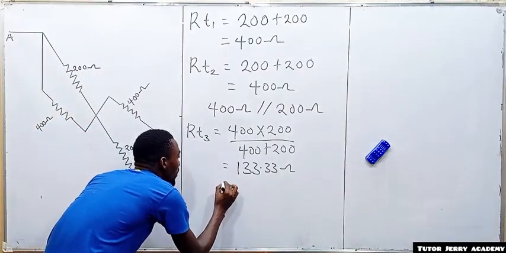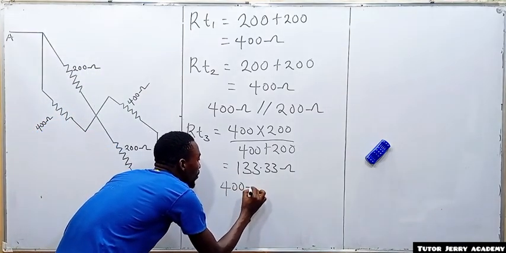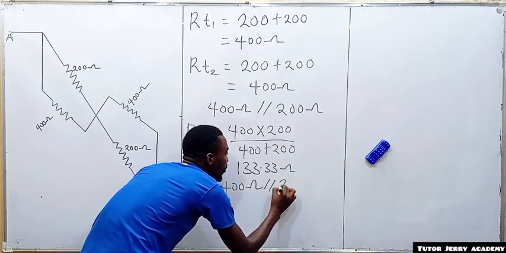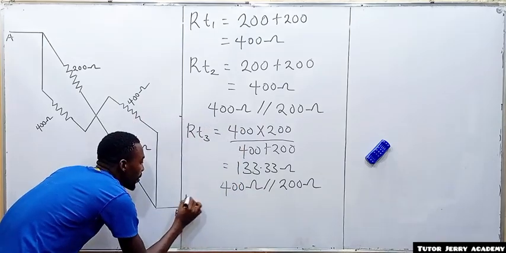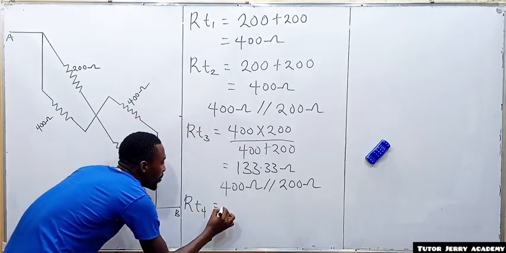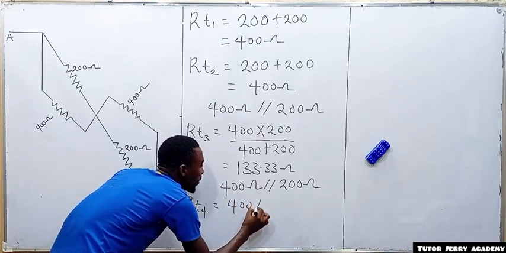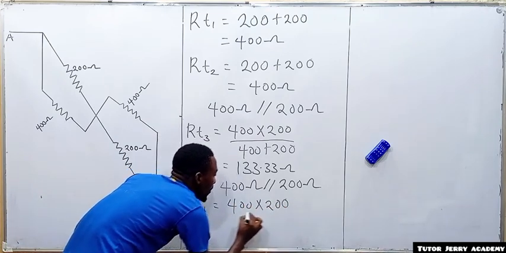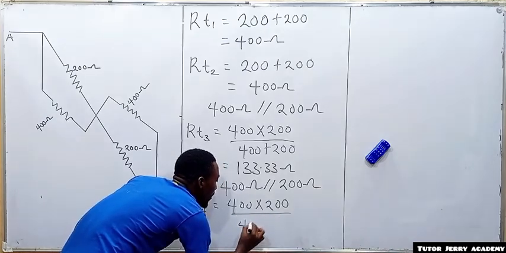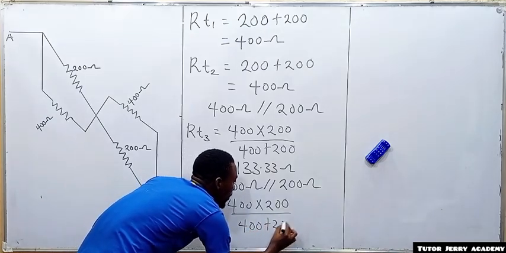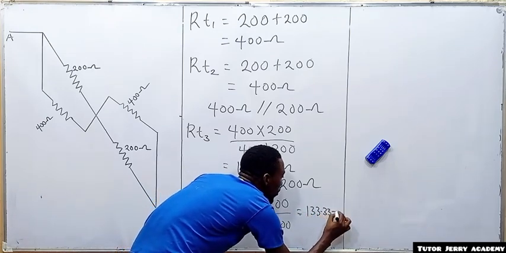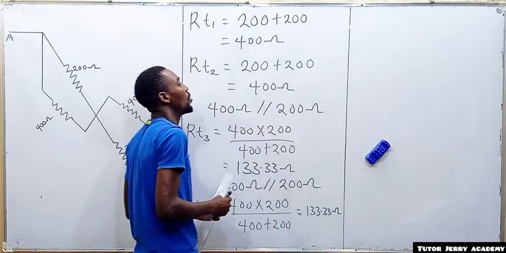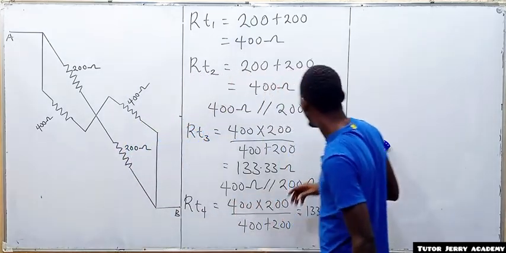So let's do it. 400 ohms is still parallel to 200 ohms. RT4 will be equal to 400 multiplied by 200 divided by 400 plus 200. This is going to give us 133.33 ohms.